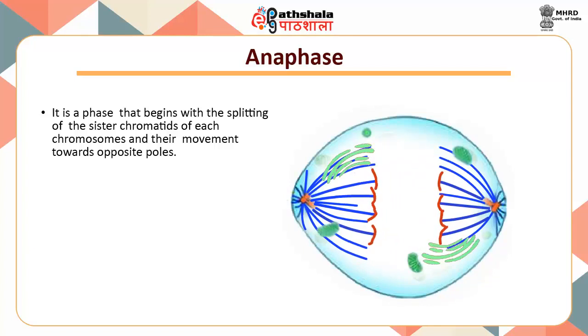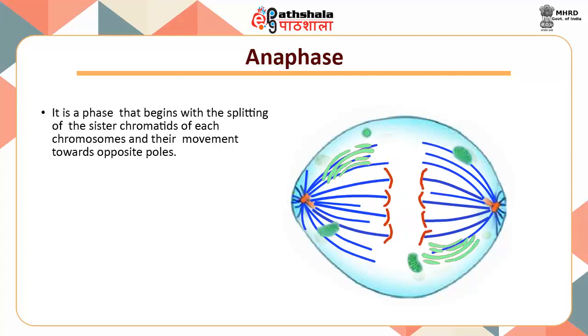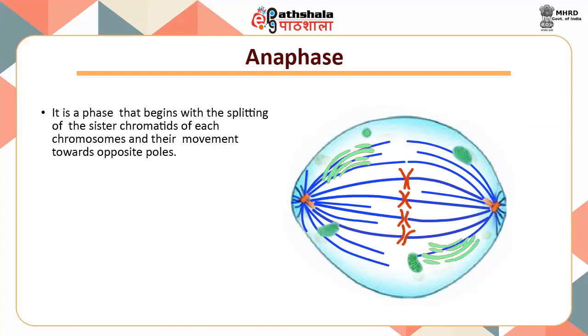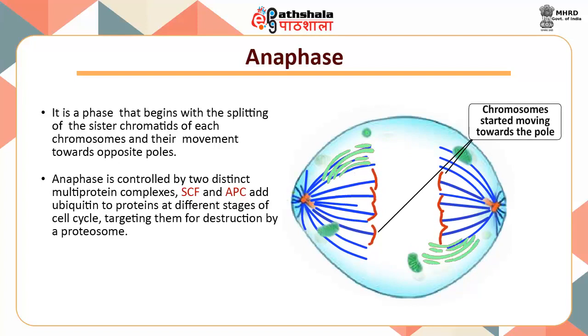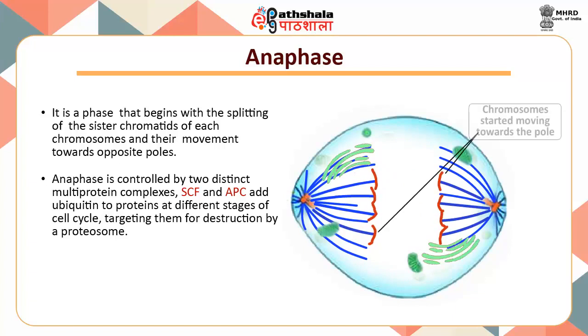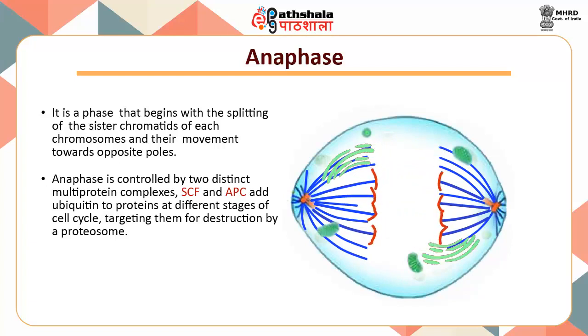Proteolysis also plays a major role in cell cycle progression. Various biochemical and genetic approaches have been applied to gather information on the mechanism responsible for the initiation of anaphase. Anaphase is controlled by two distinct multiprotein complexes, SCF and APC. They add ubiquitin to proteins at different stages of the cell cycle, targeting them for destruction by the proteasome.